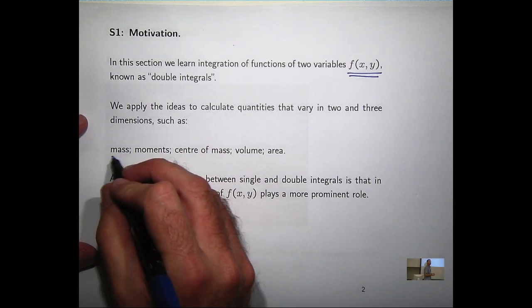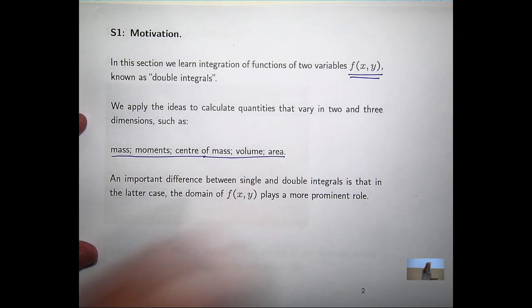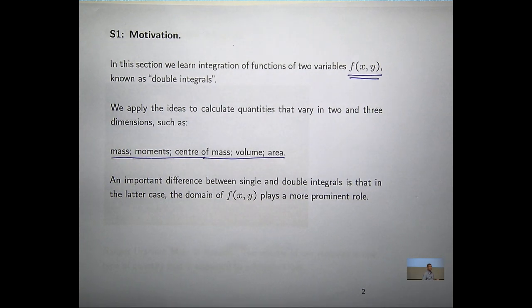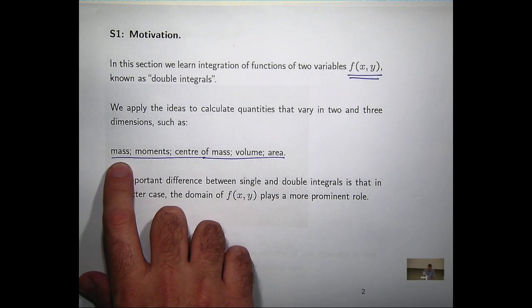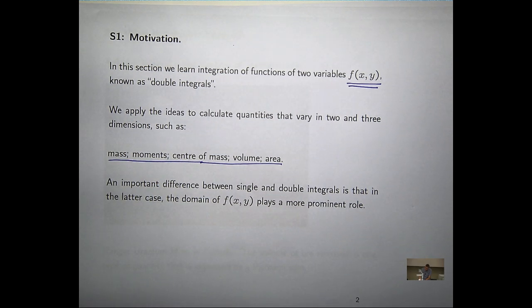But there are tons of other important ideas, and these quantities vary in two and three dimensions. So you might have a thin plate with a certain density function, and you might want to calculate the mass of the plate.